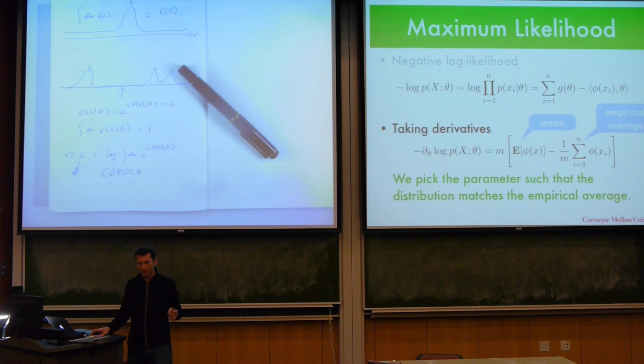So for instance, if you were to toss a coin 10 times and it comes up heads 4 times, you say, well, I estimate that the probability of heads is 0.4. Or you take some random variables and you estimate their mean and covariance, and then you fit a Gaussian to it, and you say, well, this Gaussian has a mean of 0.05 and a covariance of something.